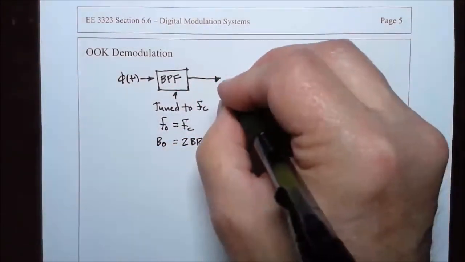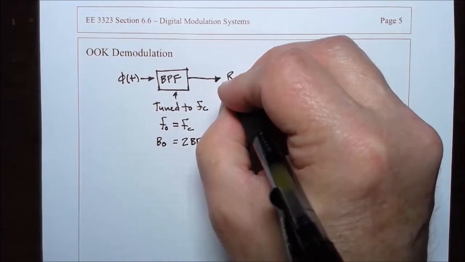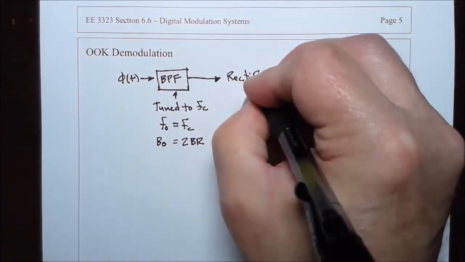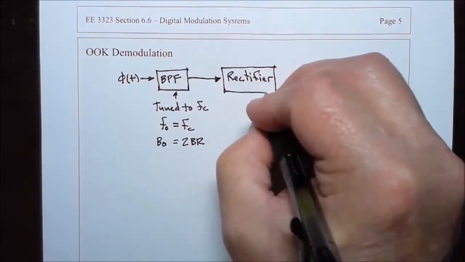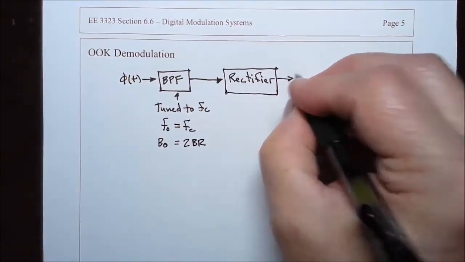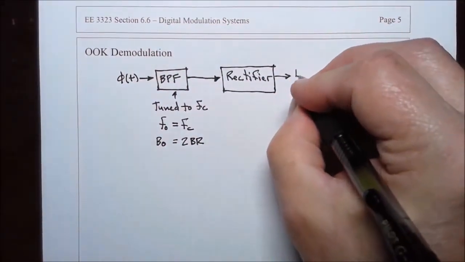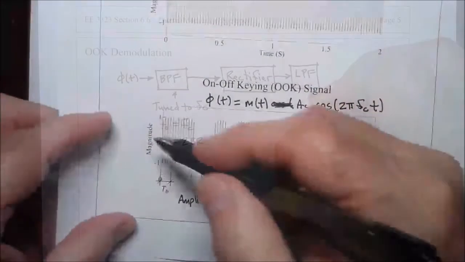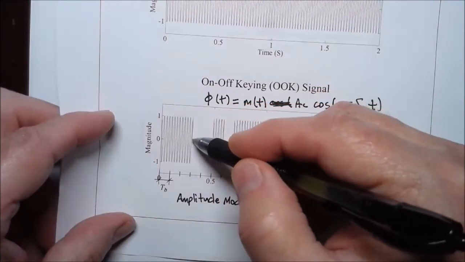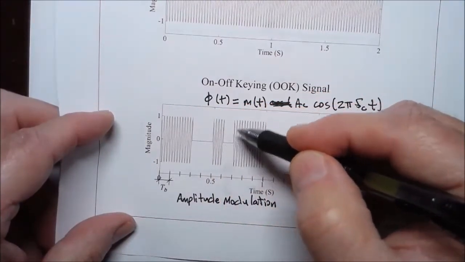Then we have a rectifier, half wave or full wave probably doesn't make much difference. And then we need a low pass filter. The rectifier will give us the shape of the message signal.